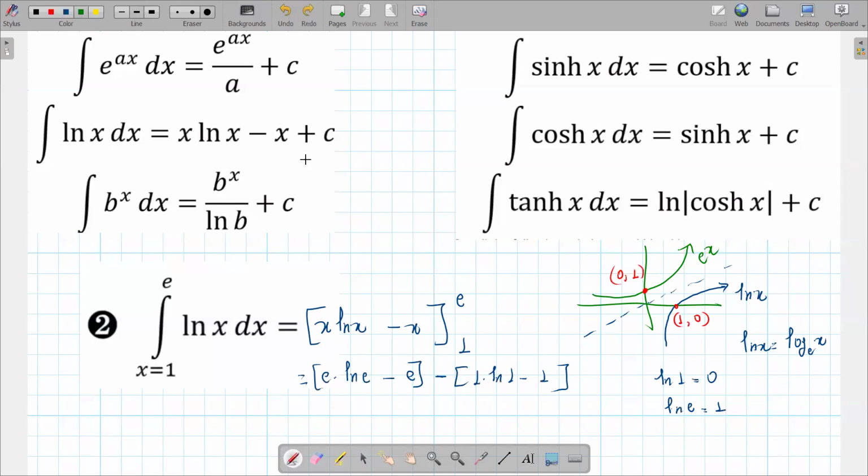So at some x value of e here, which is again 2 point something, that's the x value e. The y value there would be 1. So what's ln of e? It's 1. So you're left with e minus e. What's e minus e?